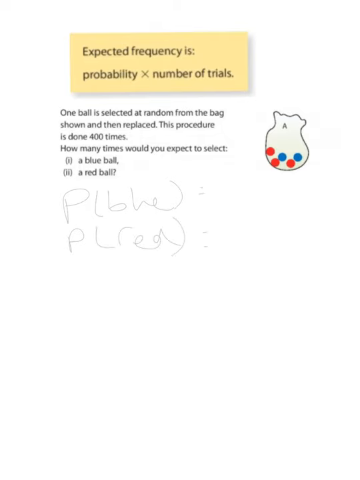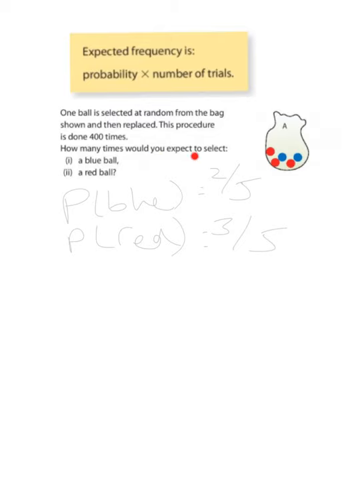So probability is the number of favourable outcomes all over the number of total outcomes. So looking at the bag here, we can clearly see that we have 2 blue balls out of how many balls altogether? So there's 1, 2, 3, 4, 5. So the probability of getting a blue ball here is 2 out of 5. And the probability of getting a red ball would be 3 out of 5, because there are 3 reds, 1, 2, 3, out of a total of 5.